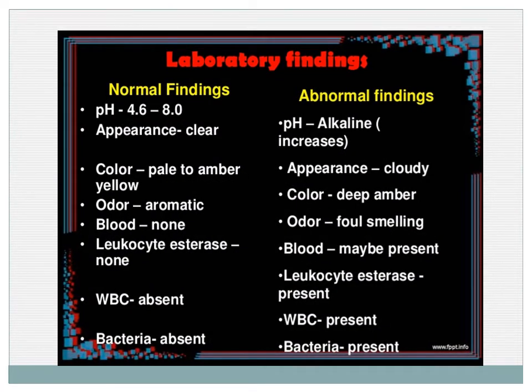For confirmation of UTI, a sample is collected and different properties are checked, comparing normal and abnormal properties, like pH. Normal urine pH is 4.6 to 8, but in abnormal cases, if UTI is there, the pH will be different.